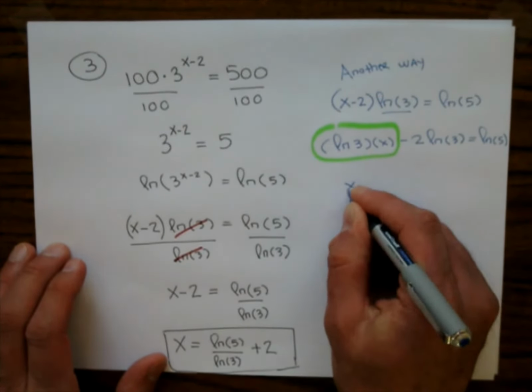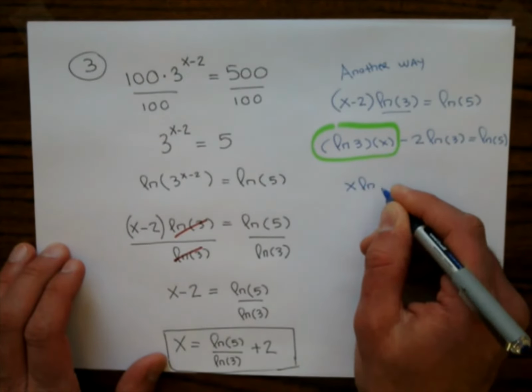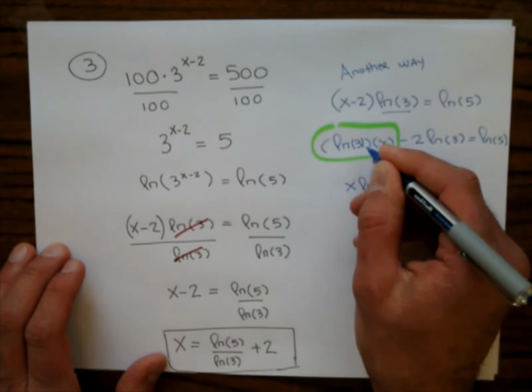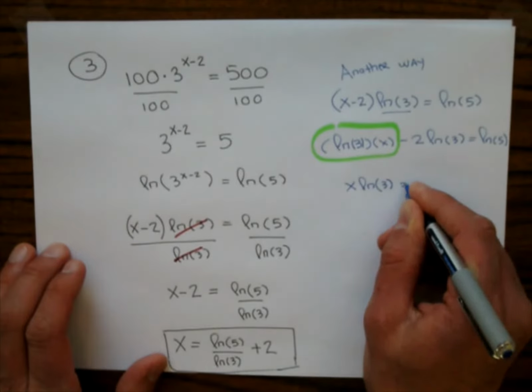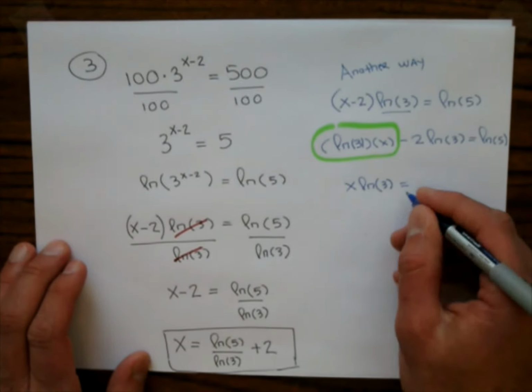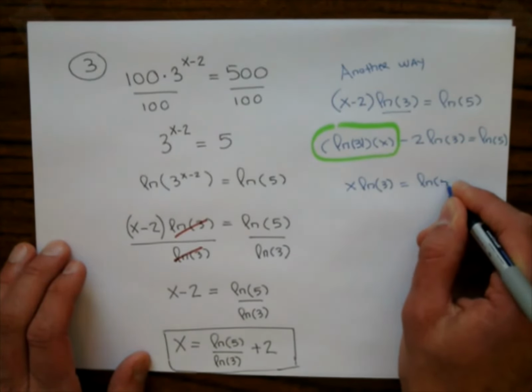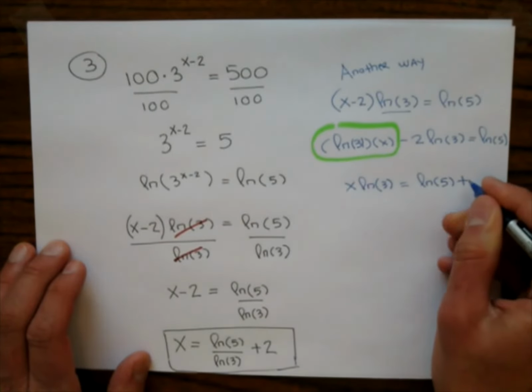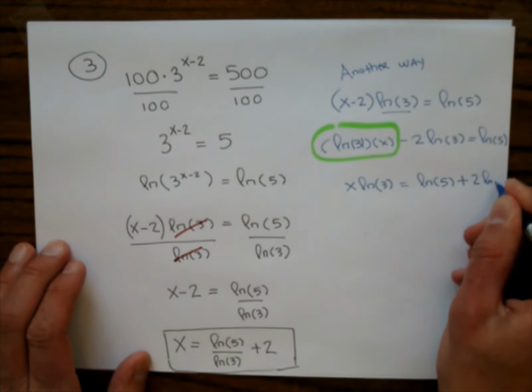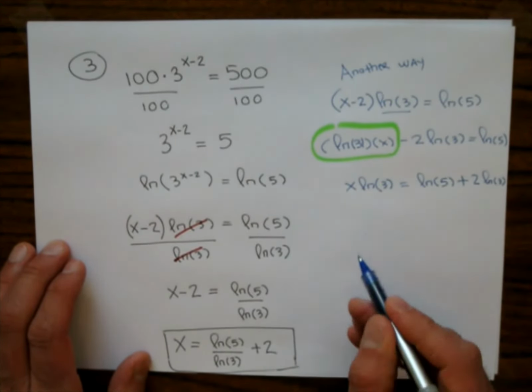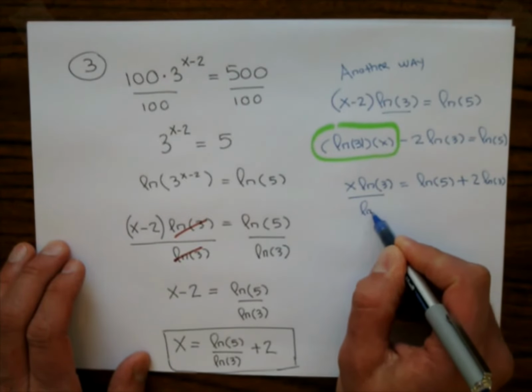So I have, let's just write it as x ln3. I should have done that. This is going to be ln5 plus 2 ln3. And then I'm going to divide both sides by ln3.